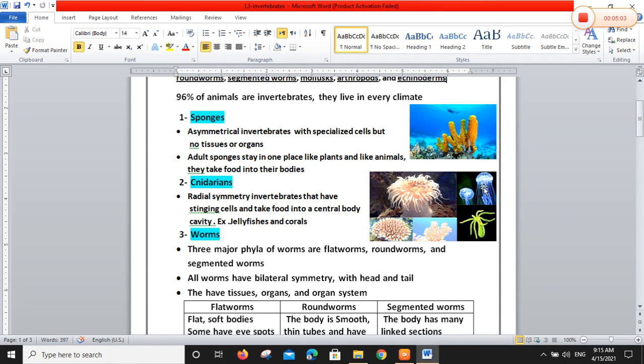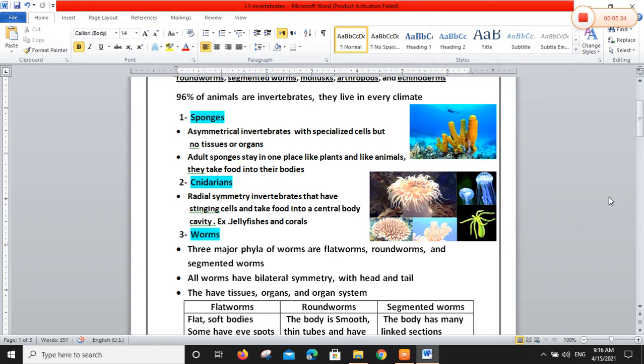All worms have bilateral symmetry with head and tail, and have tissues, organs, and organ systems, because they are living. Worms differ from cnidarians and sponges: different tissues form organs, and a group of organs forms an organ system.